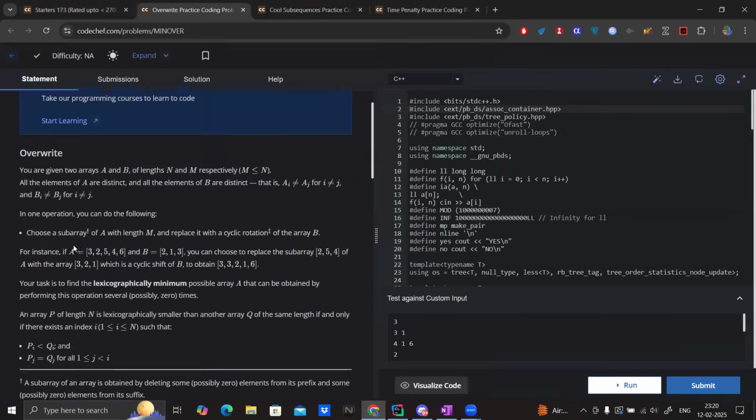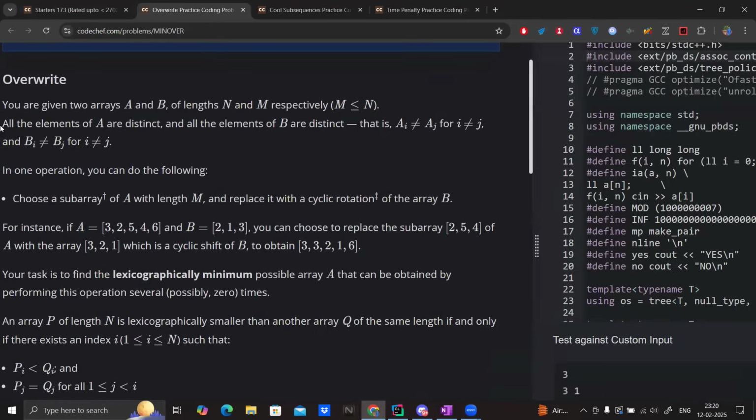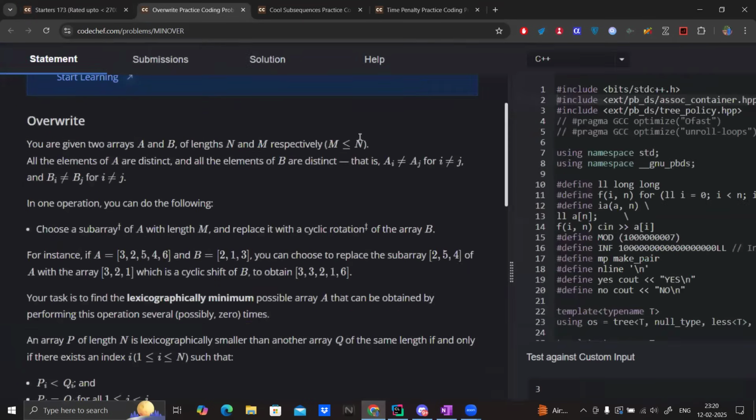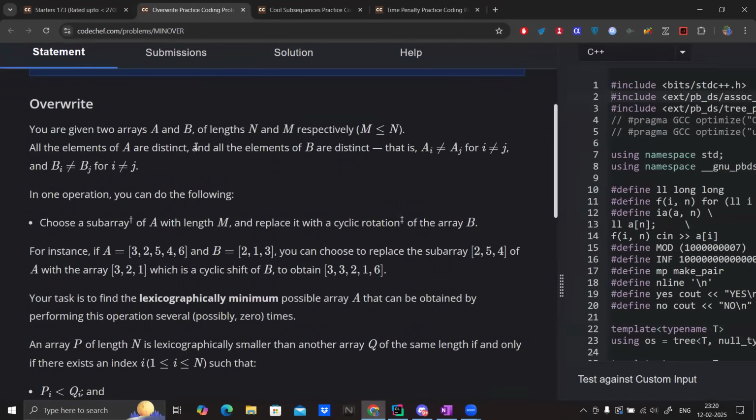Okay, so the next one is called overwrite. You are given two arrays A and B of lengths n and m respectively, where m is less than or equal to n. All the elements of A are distinct and all the elements of B are distinct. In one operation, you can do the following.